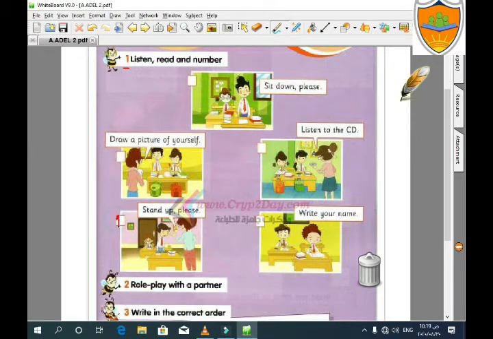Number 2, sit down please. Number 3, write your name. Number 4, listen to the CD. And number 5, draw a picture of yourself.